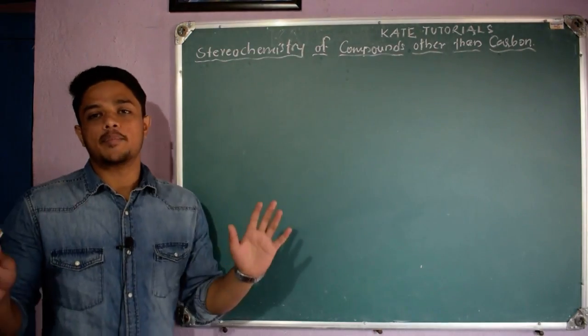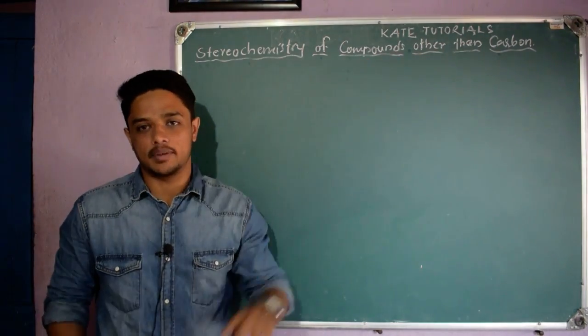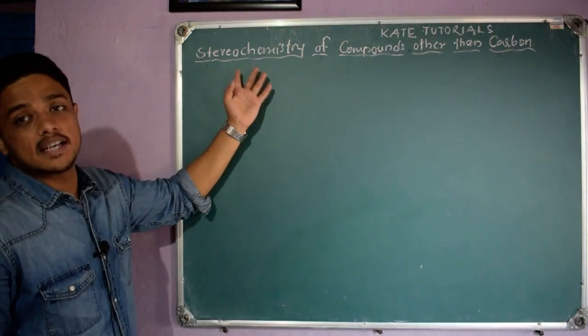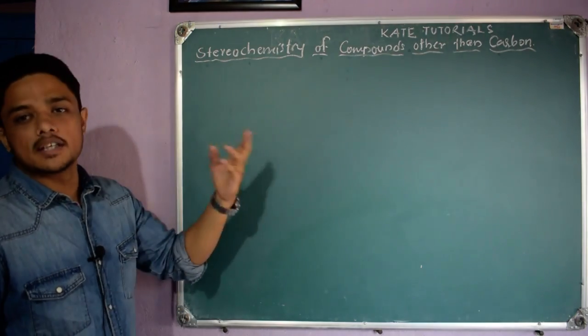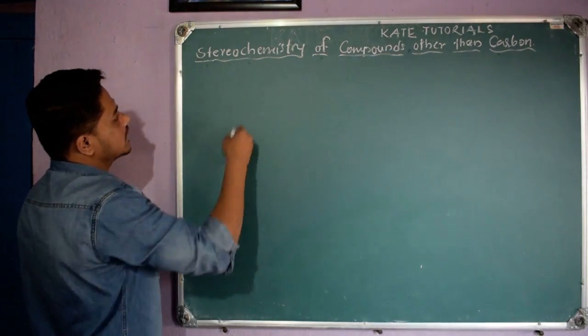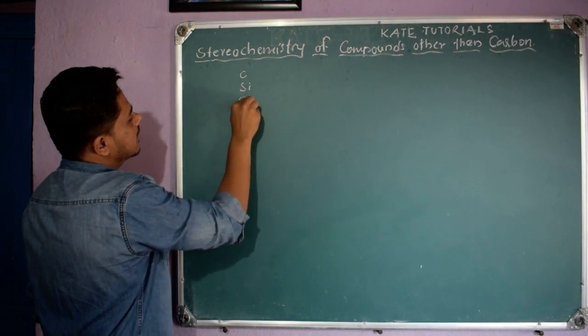So in the upcoming videos, we are going to discuss only the stereochemistry of compounds other than carbon. As the name suggests, we are going to study the stereochemistry of other compounds. We know that in the carbon family we have carbon, silicon, germanium, like this.